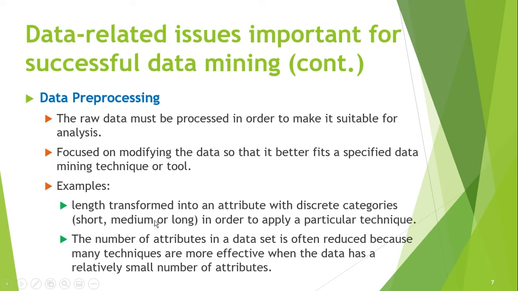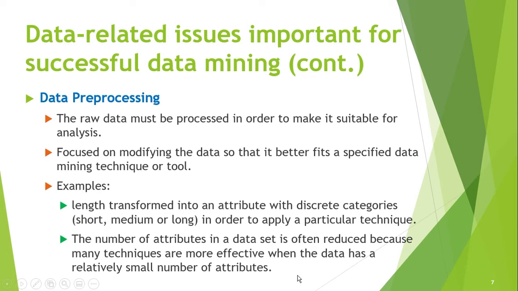Examples natin for this, we have length transformed into an attribute with discrete categories like short, medium, or long in order to apply a particular technique. Second example, the number of attributes in a data set is often reduced because many techniques are more effective when the data has a relatively small number of attributes.